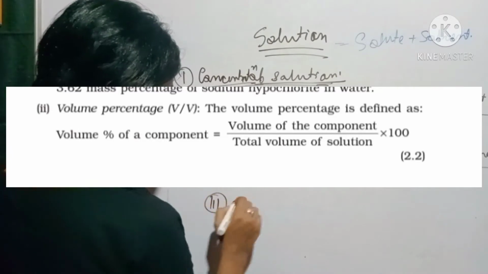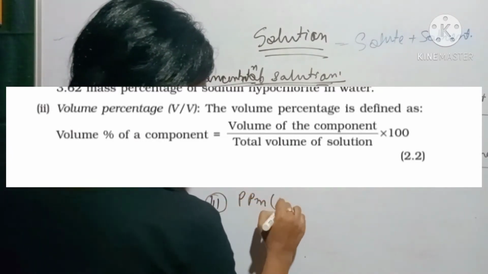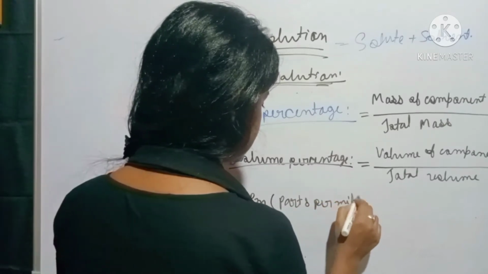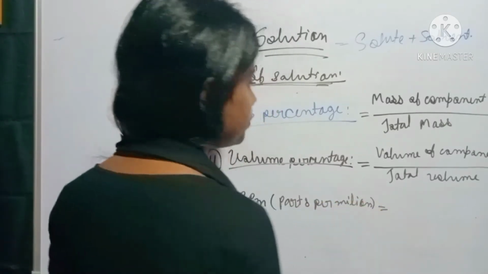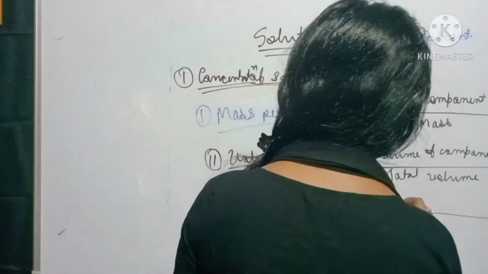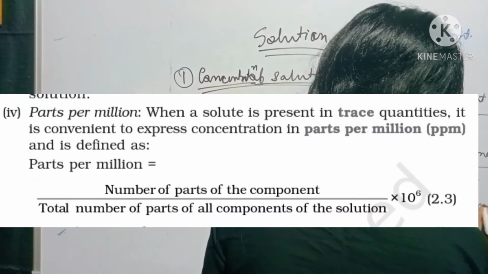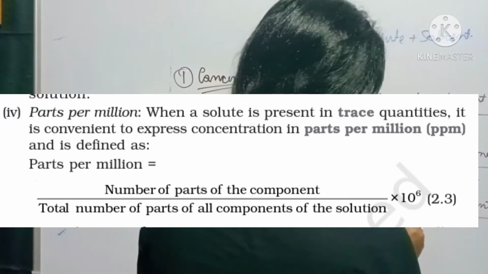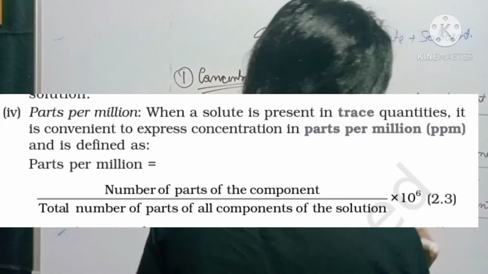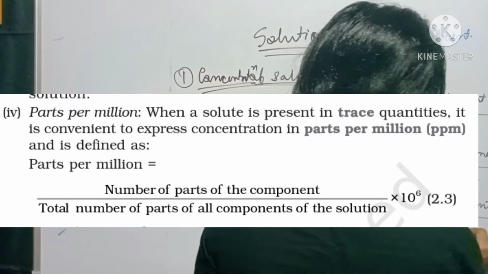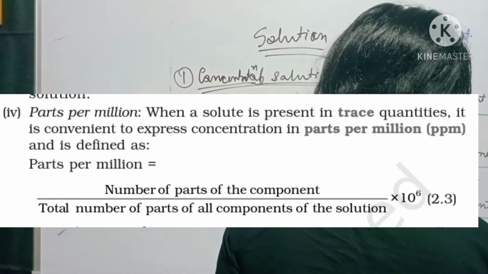And the third one is ppm, I mean parts per million. Here you put the number of components in the above, and then in the below there is the total number of components.